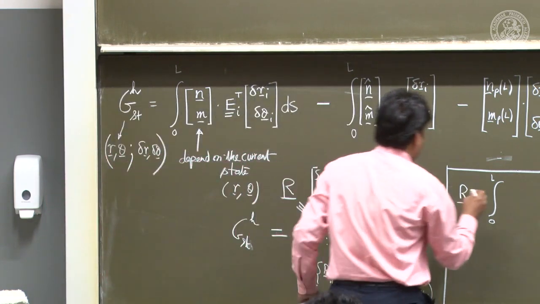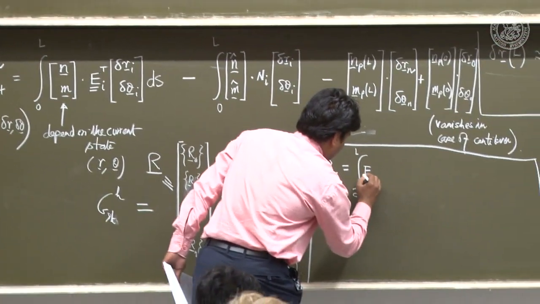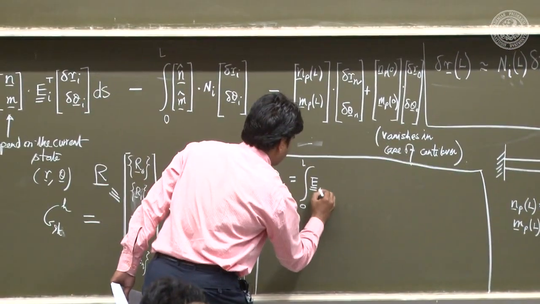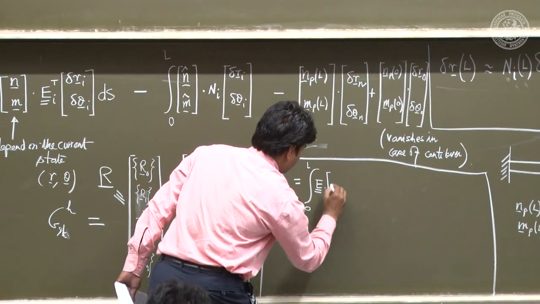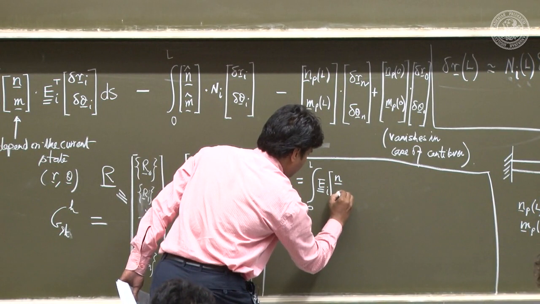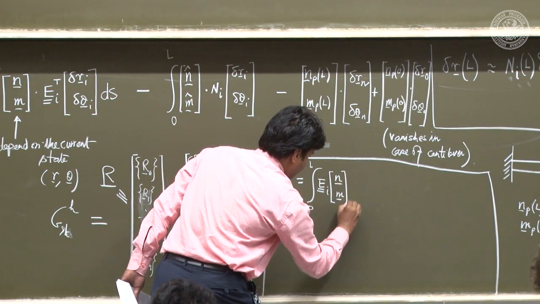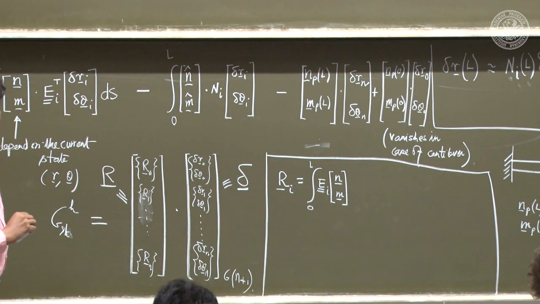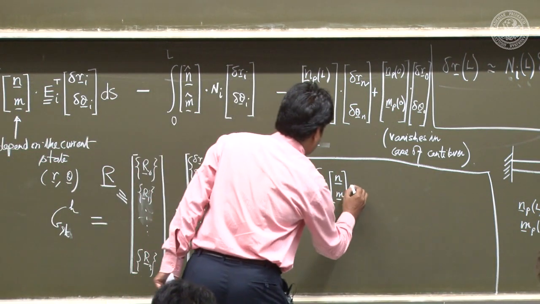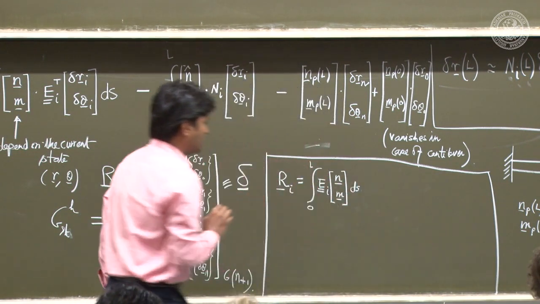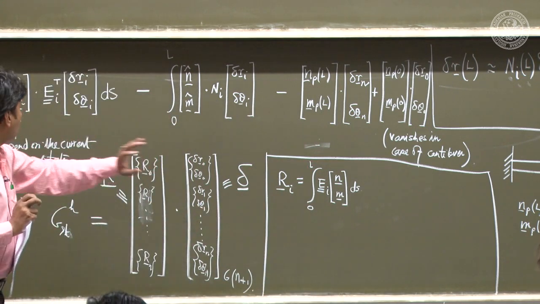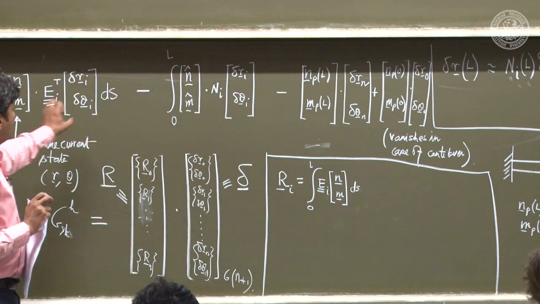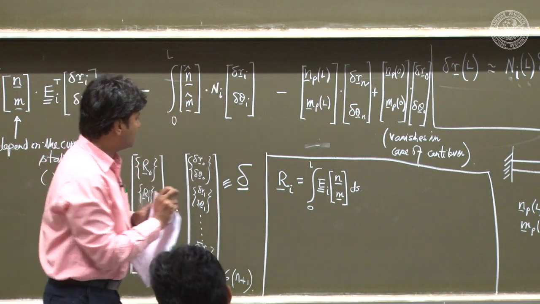That is simply the integral of E I N m ds. So, of course, that is just one component of big R I, then you also have to take it from here.